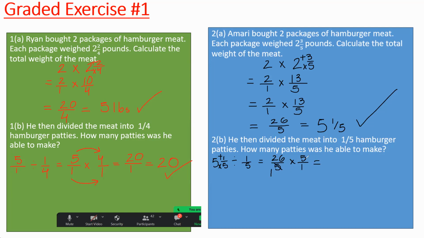And then it equals 26 as a whole number. Very good. So you cancel those. It's going to be 26/1, which is going to be what? 26. Very good, 26. Did anyone else get 26 patties for number 2B? Yes, sir. Very good.